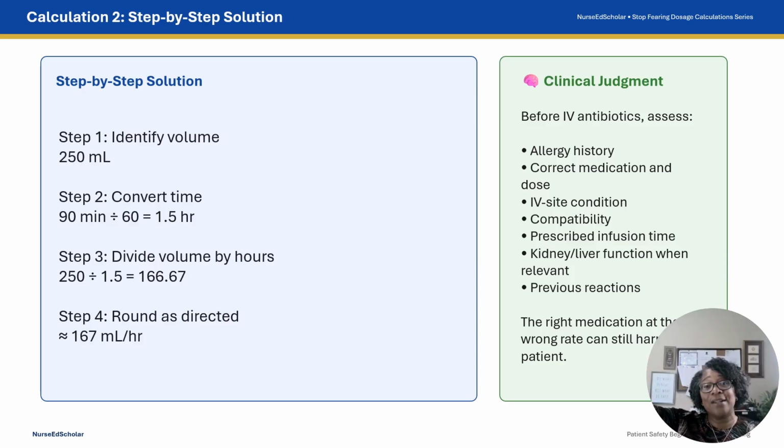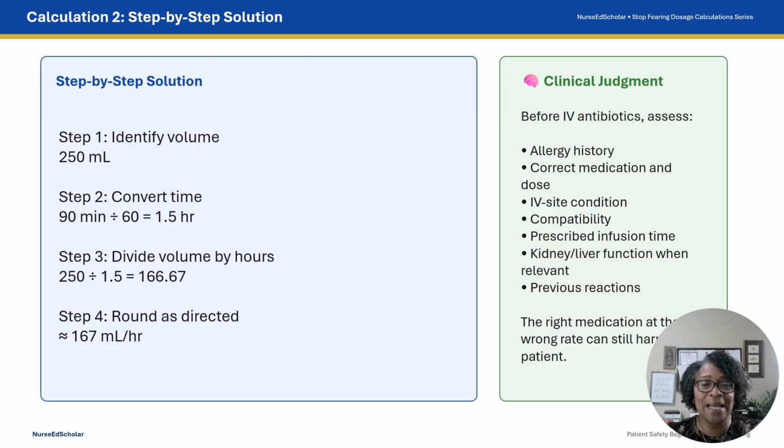And on the other side, you'll have 60 minutes in the numerator and 1 hour in the denominator. What is that going to do? The minutes will cancel out the 90 minutes in the denominator, and then all you would have left is 250 milliliters on top and an hour on the bottom. And so it'll give you milliliters an hour.